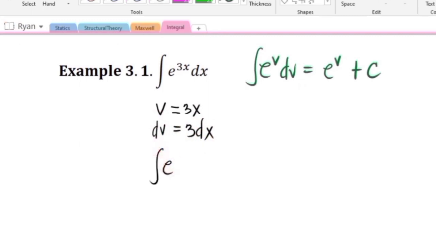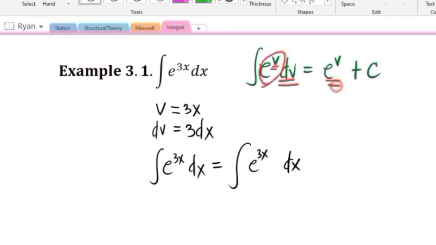So the integral of e raised to 3x dx is just equal to... if we look here, in order to use our formula, if this is v, what is here should be the derivative of your exponent, and your answer is, we will just copy this, plus the arbitrary constant c.